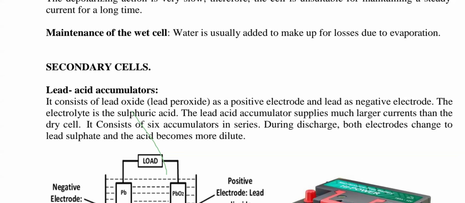Now, when you use the sulfuric acid as an electrolyte, the lead acid accumulator is going to supply much larger current than the dry cell, which means the secondary cells are too strong compared to the primary cells. Why does it supply too much current compared to the dry cell? Because it consists of 6 accumulators in series.